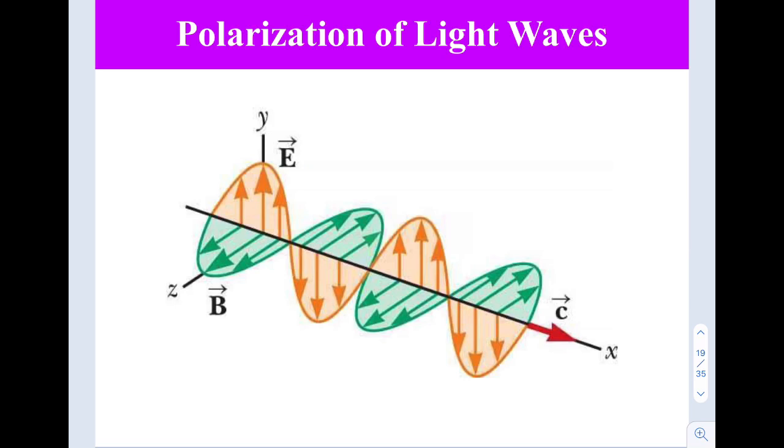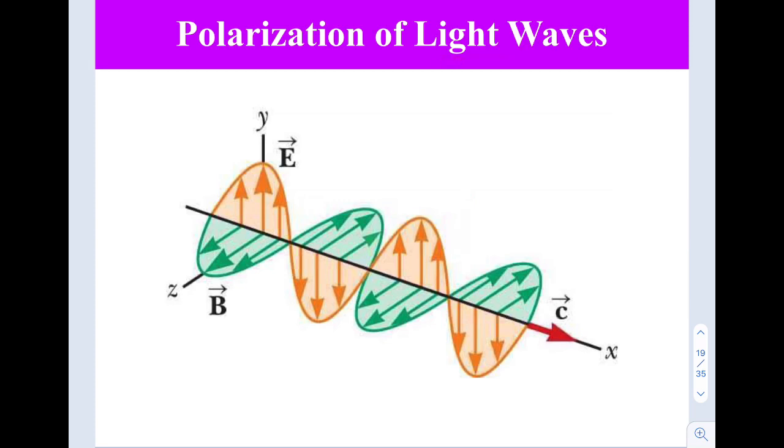Our last subtopic, 37.6, polarization of light wave. In chapter 33, we describe the transverse nature of light and all other electromagnetic wave. Polarization, discussed in this section, is firm evidence of this transverse nature.